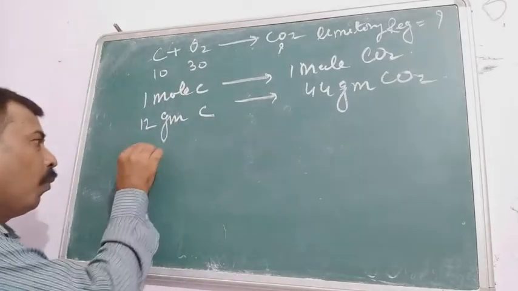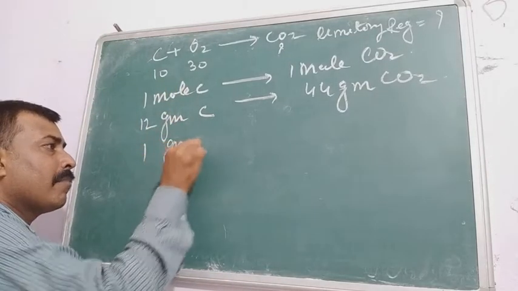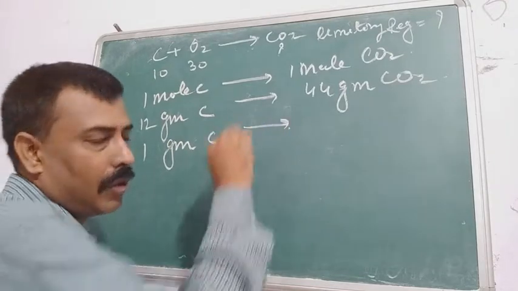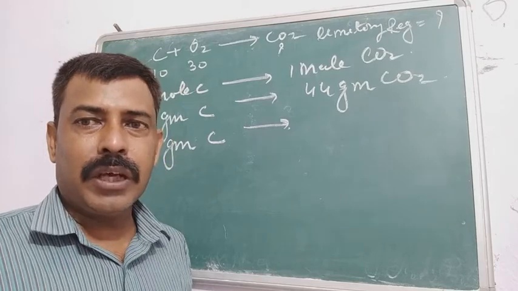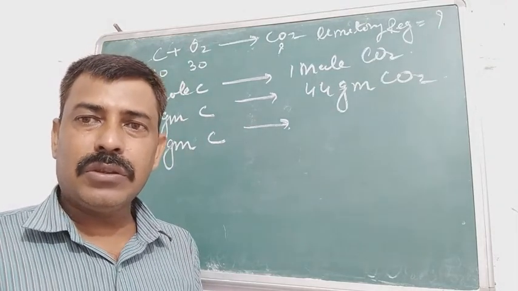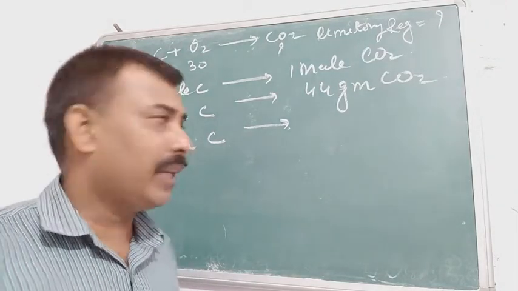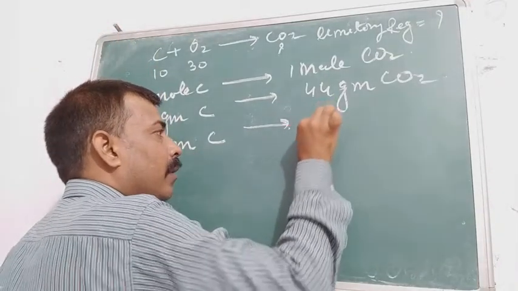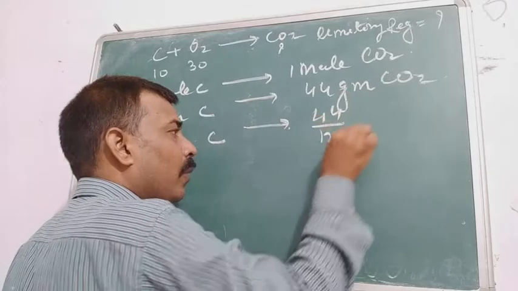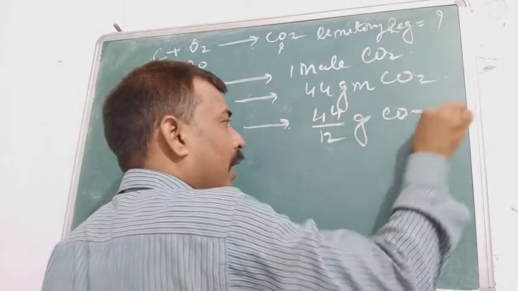So, 1 gram of carbon... the calculations are very simple in chemistry. You just have to use the formulas which you have studied in lower standards. So, 1 gram of carbon will yield 44 by 12 gram of carbon dioxide.